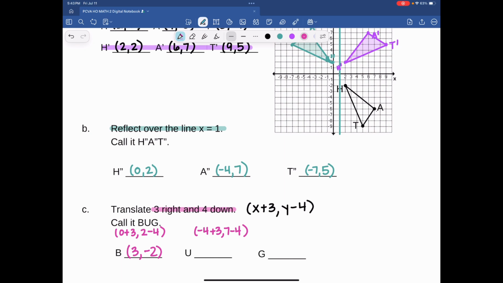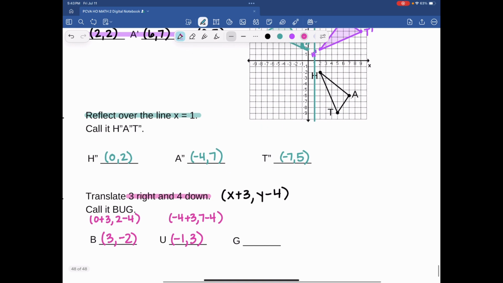That's going to turn into -1 and +3. And then for the last one, I have -7 plus 3 and 5 minus 4. So that's going to be -4 and 1.